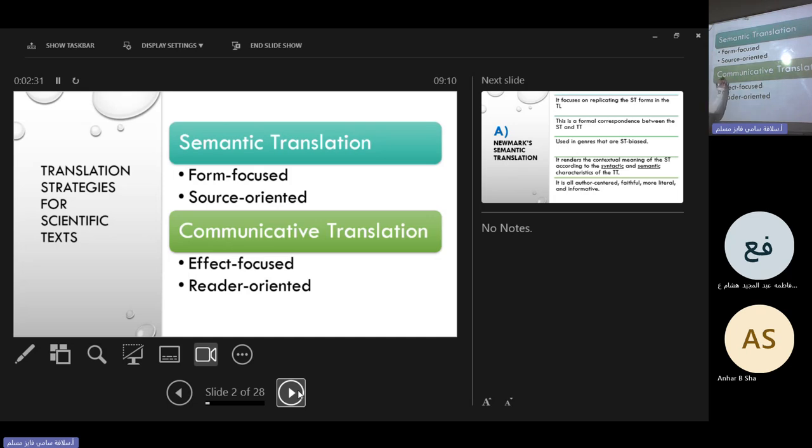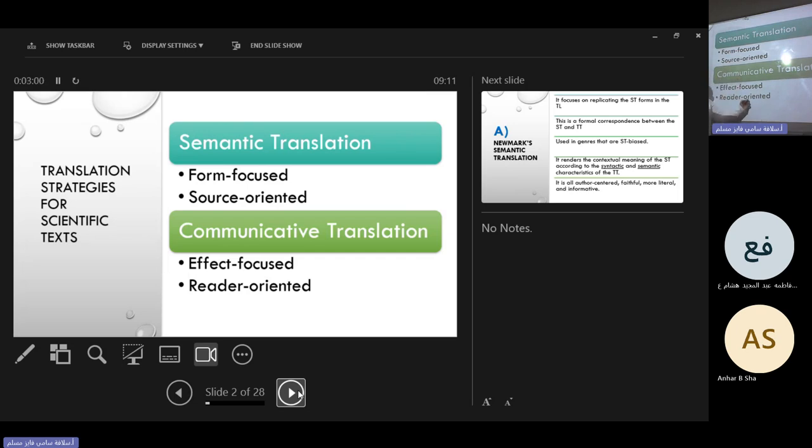So this is to communicate a message. What are the characteristics of communicative translation? They are effect focused. Exactly. The purpose of the communicative translation is the end result, what we need to communicate.